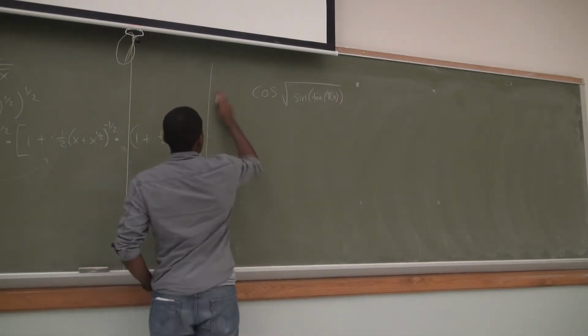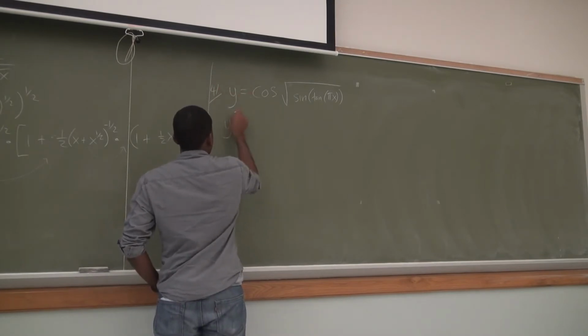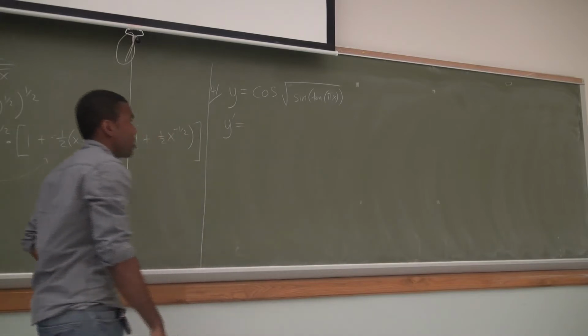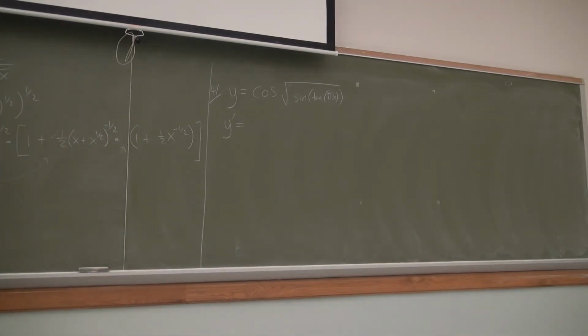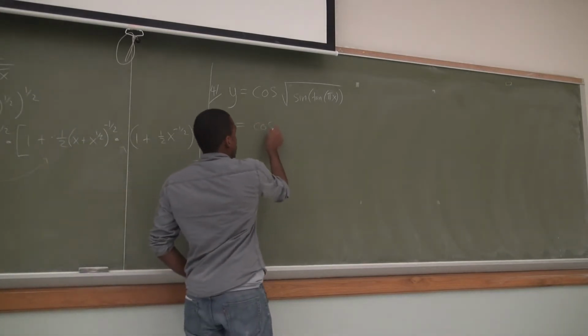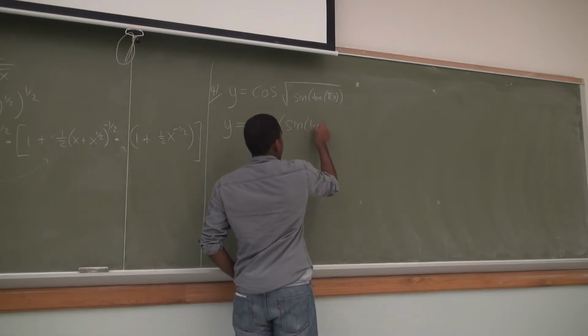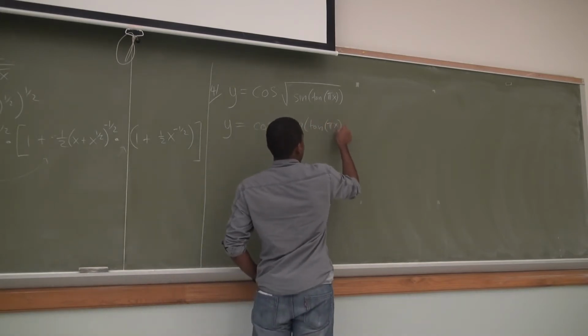Okay. Can someone tell me what they think I should do here? First, find the derivative of cosine. Well, first, remember that radicals are sort of annoying to think about. You can always rewrite this as the half power.